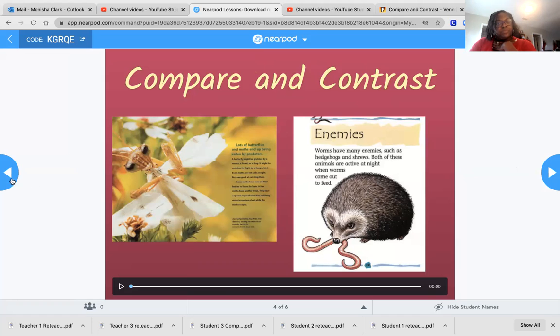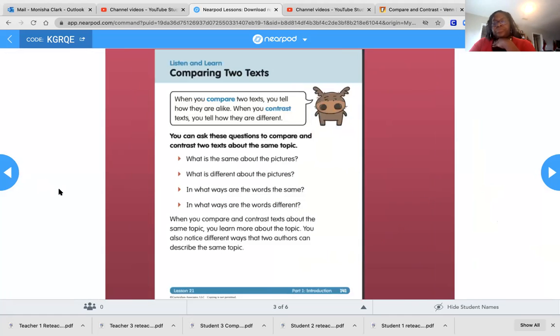Okay, let's go back. Both texts tell how some predators are active at night. This is one way the texts are the same. Now, how they are different. Each page tells about different animals that are predators.